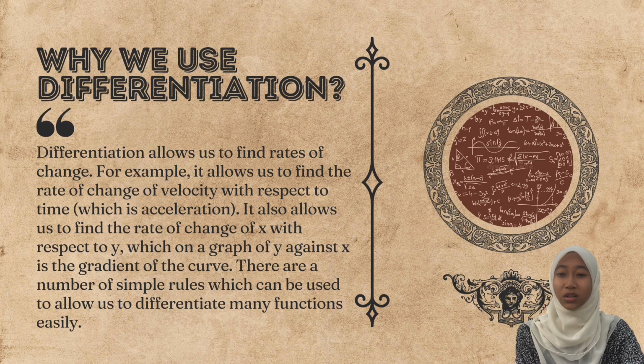It also allows us to find the rate of change of x with respect to y, which on a graph of y against x is the gradient of the curve. There are a number of simple rules which allow us to differentiate many functions easily.